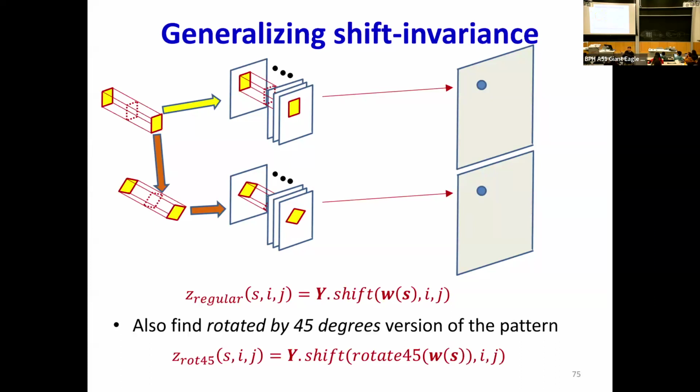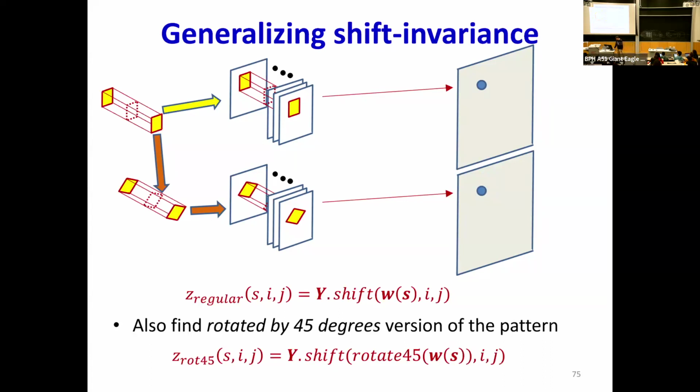But then if I make two copies of the filter, one in its normal position and one in the 45-degree rotated position, how many channels will it produce? Two, right? And now suppose I want to also account for a 42-degree rotation. What do I need? I need to have 3 copies of the filter, right? I need to have a different copy of the filter for every single transform that I want to have invariance to.